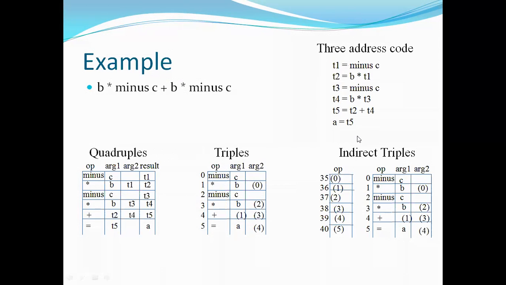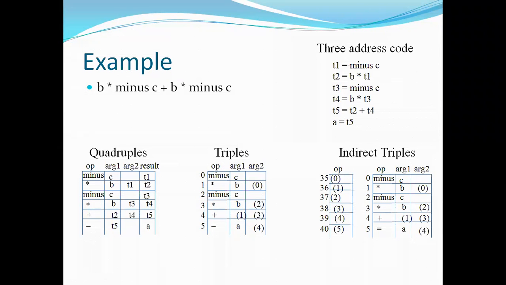That means the use of temporaries introduces a level of indirection through the symbol table in the quadruple representation. That is the main advantage here for the quadruple representation. And the quadruple representations are beneficial for code optimization, which is the next phase of compilation, right? These are beneficial for code optimization.